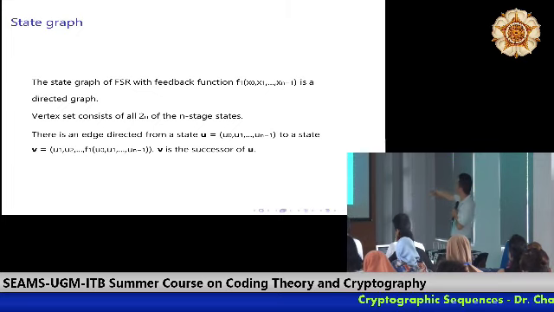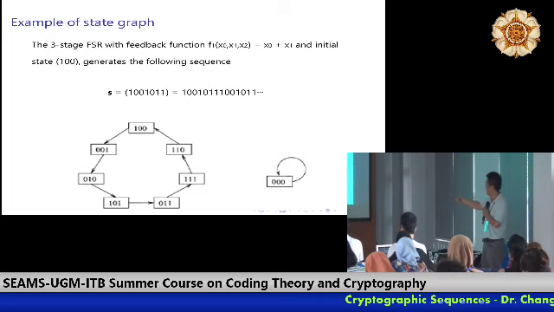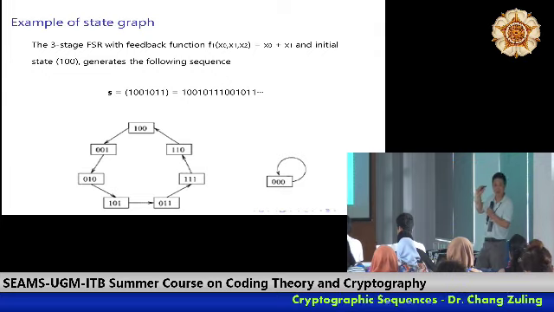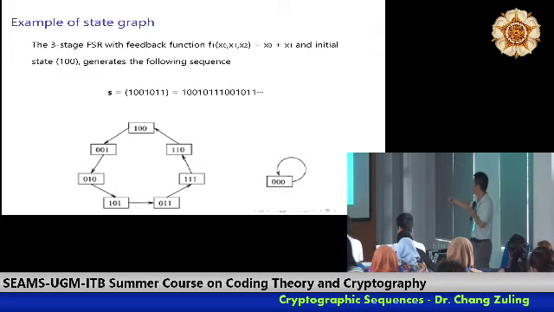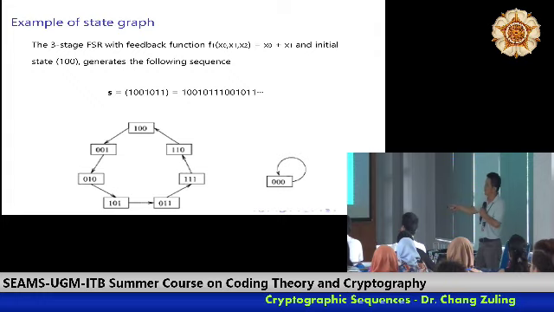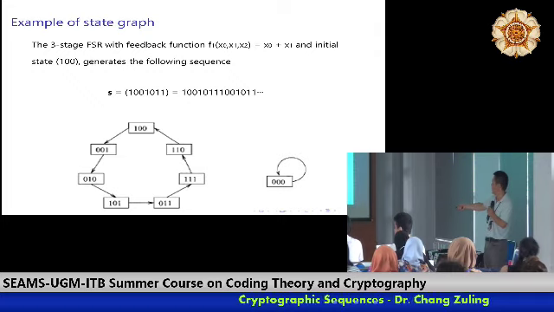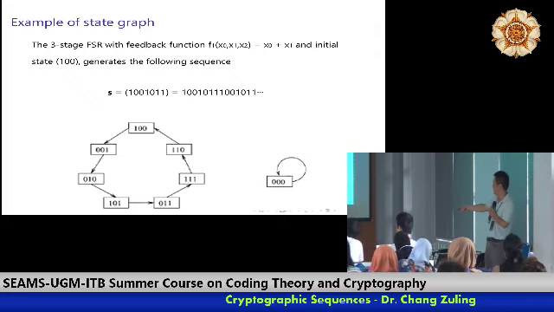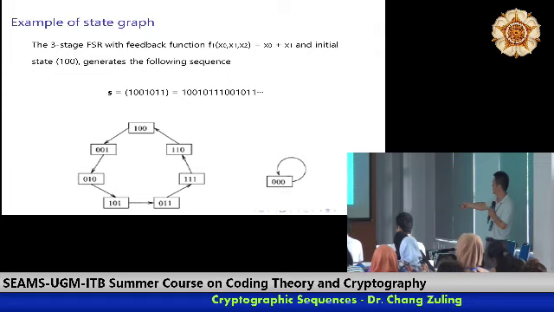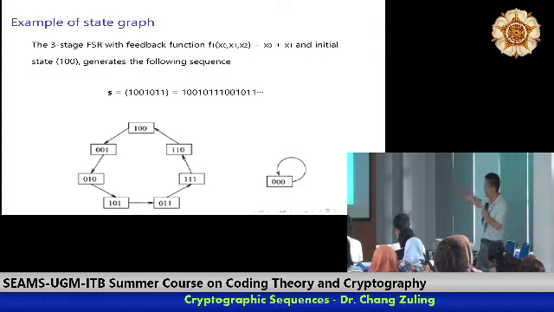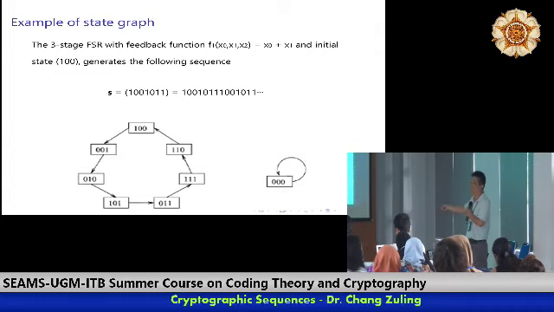In this example, with this initial state we generate a sequence like this one. Each vertex is a three-stage state, for example 1 0 0. The next state will be 0 0 1, then 0 1 0, then 1 1 0, and the next state will be 1 0 0 again. This is called a cycle.